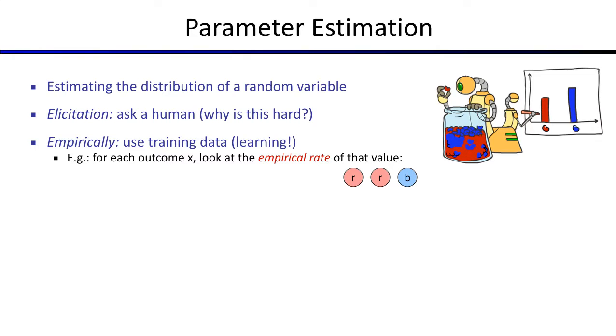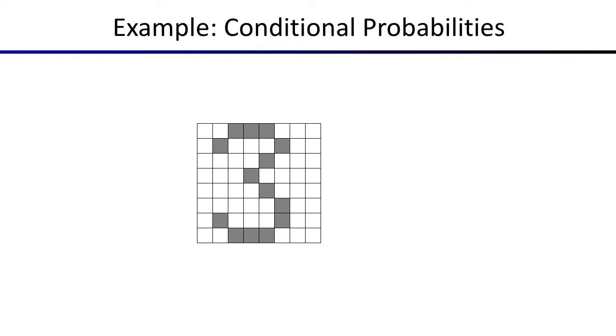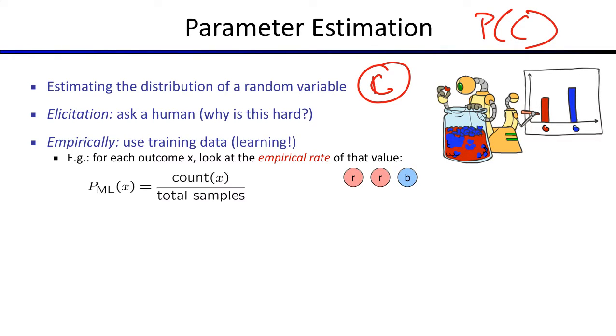If I have a Bayes net over a single variable, color, and I want to figure out from samples of the world what P(C) is, say I have 3 samples, 2 of them red and 1 blue. Let's just count the number of times each outcome occurs and normalize by the total number of samples. The probability of red is 2/3, and the probability of blue is 1/3. Is it clear what we're doing here?